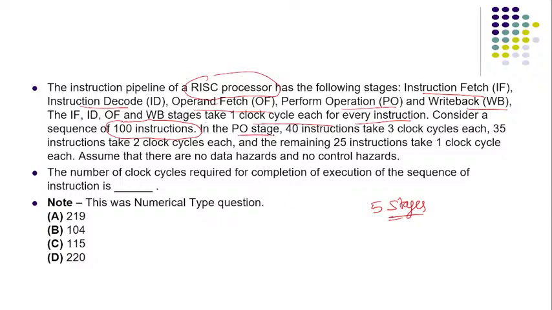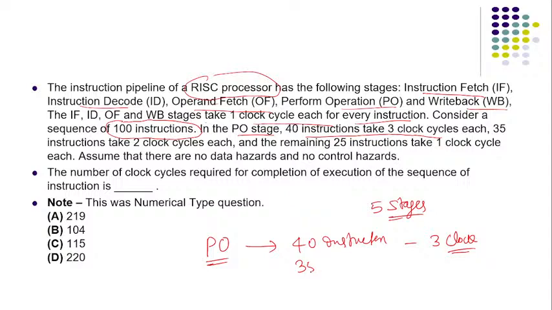In the perform operation stage, 40 instructions take 3 cycles. In the perform operation, this is a particular stage, in that 40 instructions are taking 3 clock cycles, means it is taking more clock cycles.